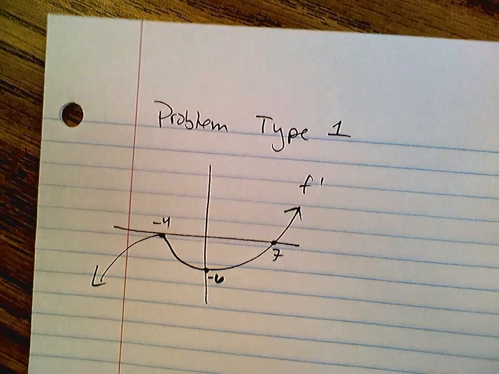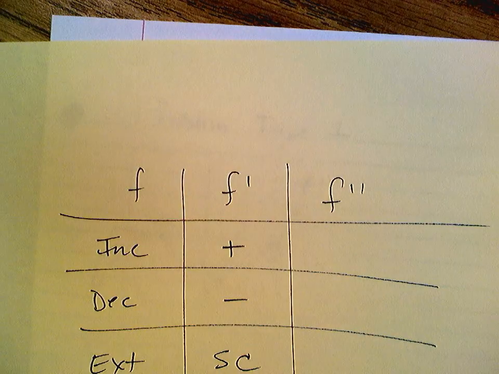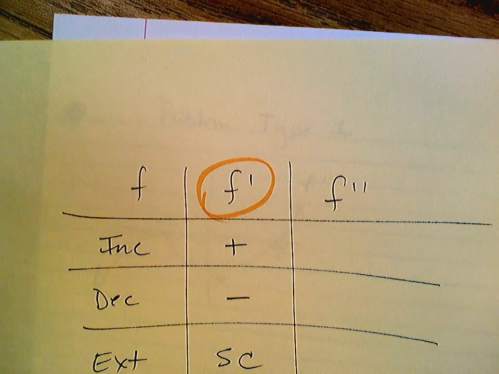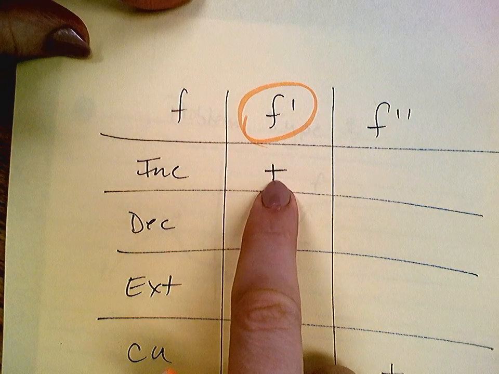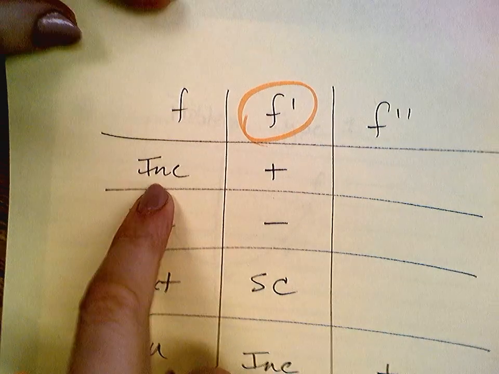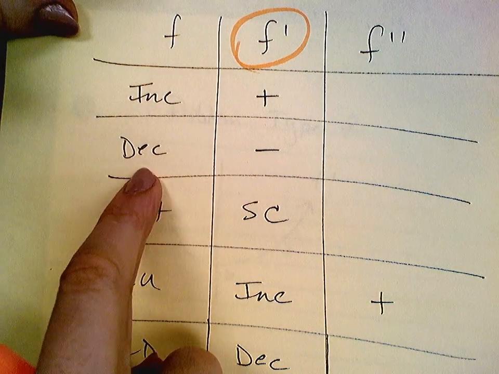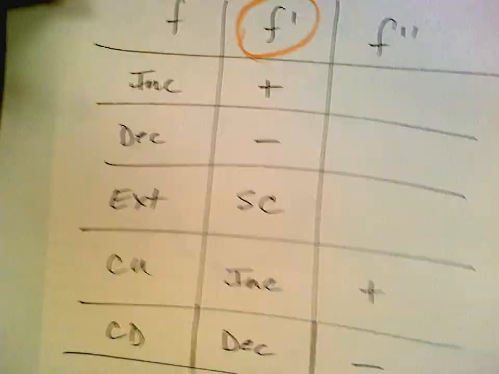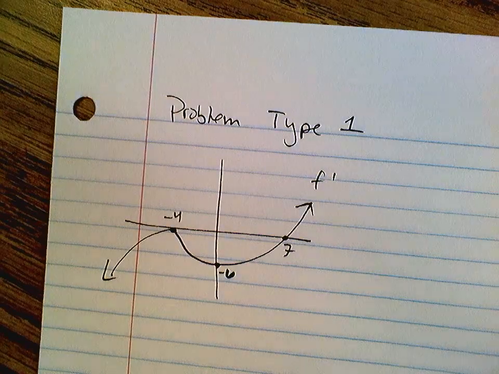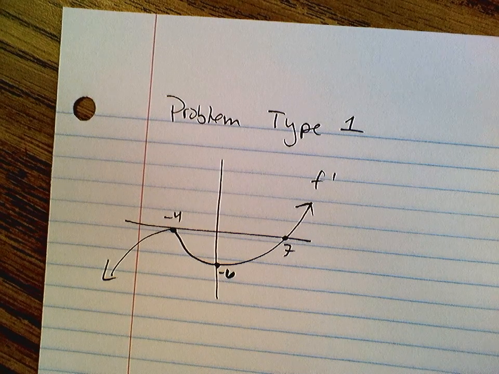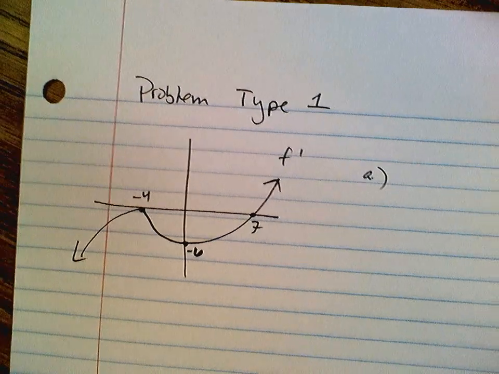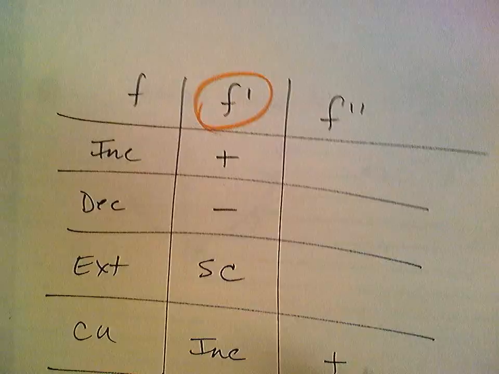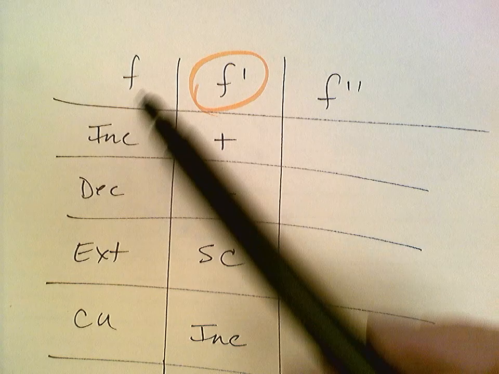So you want to look in the f prime column, and then you're going to be able to say, because of this about f prime, therefore this about f. So first, where is the function increasing? What about f prime would imply that f is increasing?